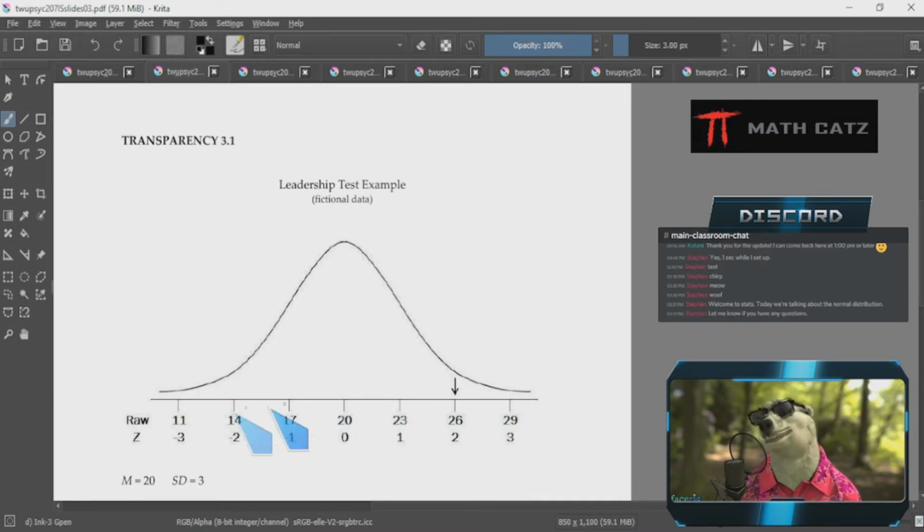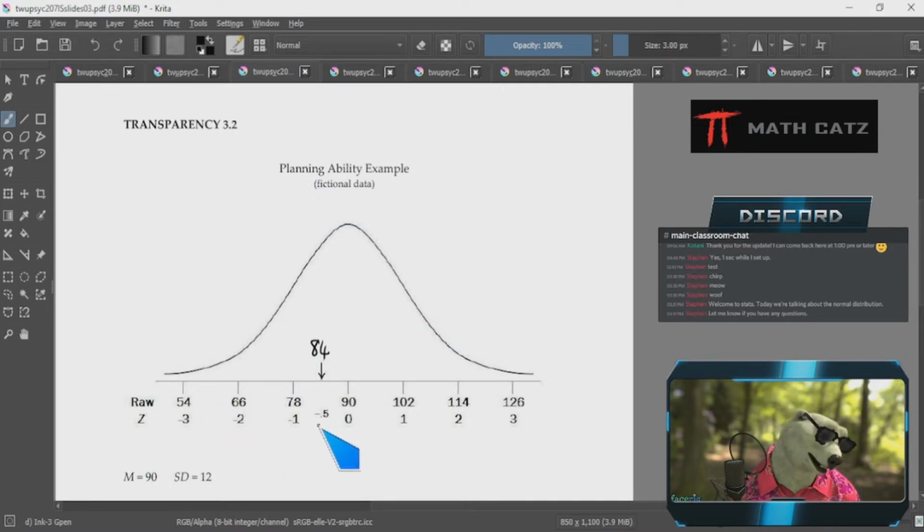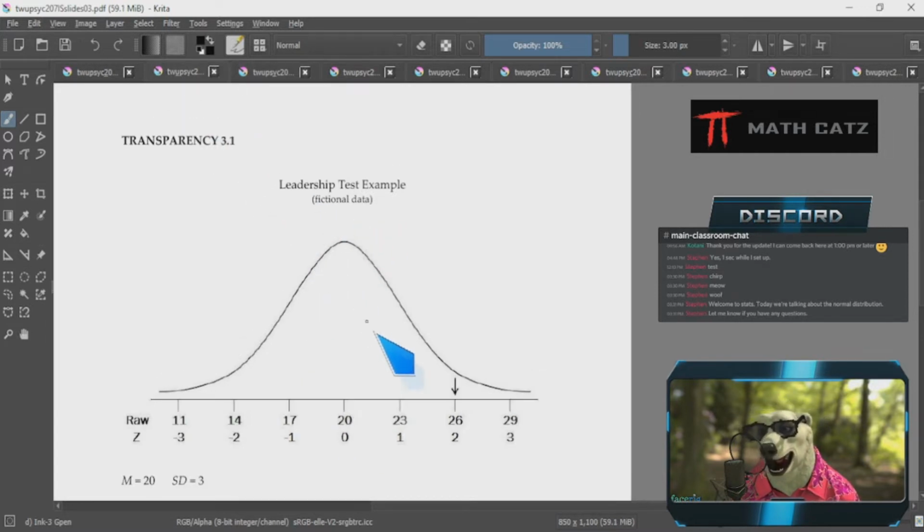So instead of referring to the raw scores, we can better compare these by standardizing them to their corresponding z-scores. And we can say the person here sits at a z-score of 2, whereas in the planning ability example, they sit at a z-score of -0.5. So they were much closer to the average in planning ability and much higher than the average in leadership ability.